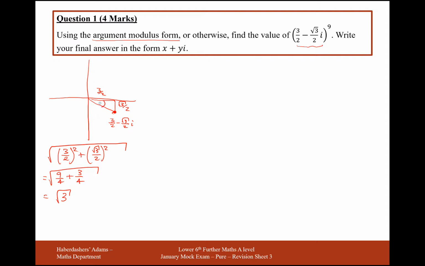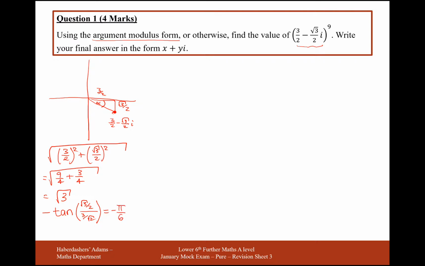The argument is going to be this angle round from here to here. Given that it's on the bottom as well, it needs a negative sign in front of it, so it's going to be negative tan inverse of opposite over adjacent, root 3 over 2 over 3 over 2. And doing this on your calculator, you get minus pi by 6.